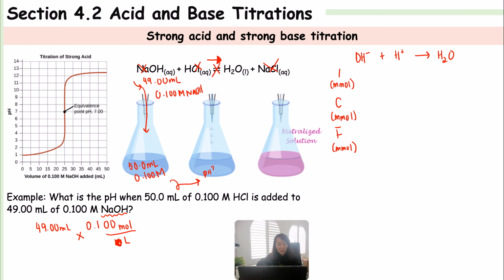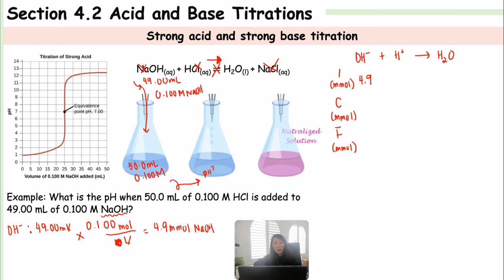You're going to multiply the milliliters with the moles over liter, and this is for our hydroxide here. If you multiply this out, you can cancel out the liters. 49 times 0.1, if you punch this into the calculator, you would get 4.9 millimoles of sodium hydroxide. Okay, so here I'm going to write 4.9.